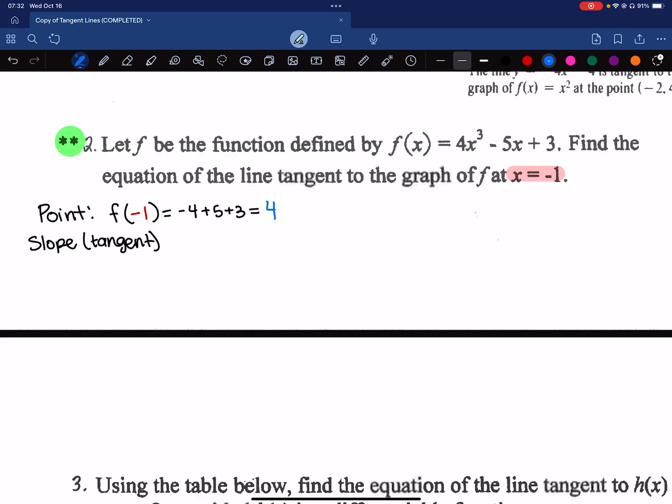Now we need to find the slope of the tangent line. So we're going to take the derivative of f of x. That would be 12x squared minus 5. Then we evaluate f prime of negative 1. That would be 12 minus 5. So therefore, f prime of negative 1 is equal to 7. That is the slope of the tangent line.